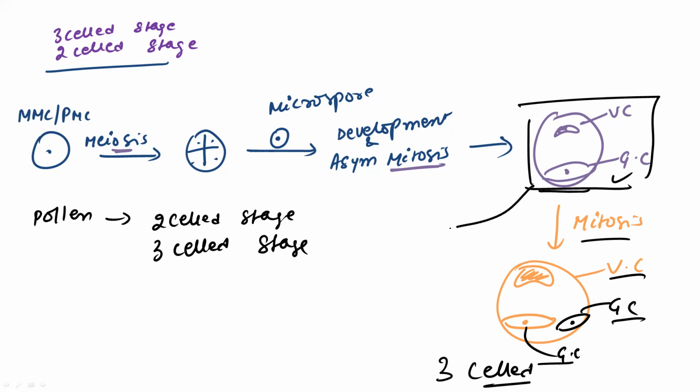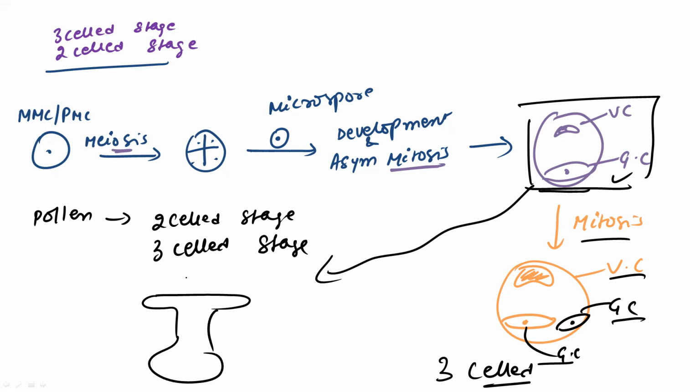So when this two-celled stage pollen grain falls on the stigma, you have the two-celled stage having the vegetative cell and the generative cell. At that time, your generative cell goes for mitosis, and it forms another generative cell. So this is the two-celled stage and three-celled stage. I hope this is clear. Okay.